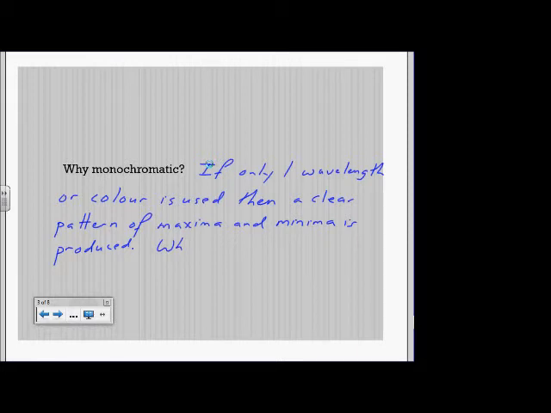White light would produce a pattern of overlapping colors.